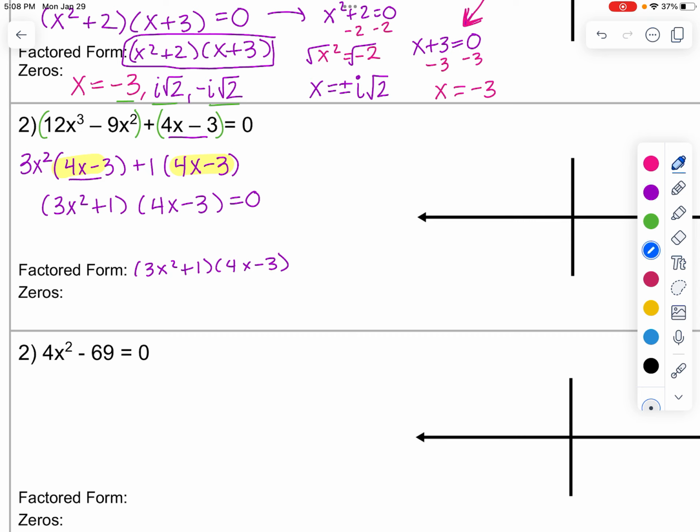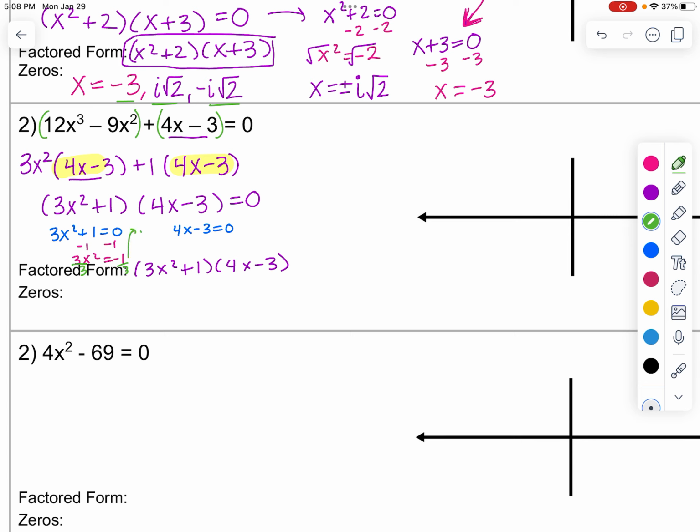And now we're going to solve to find our zeros. So I'll start with 3x squared plus 1 equals 0. And then we have 4x minus 3 equals 0. All right, with this one, I'll subtract 1 over, and I get 3x squared equals -1. Then I need to divide both sides by 3. I'm running out of room here.